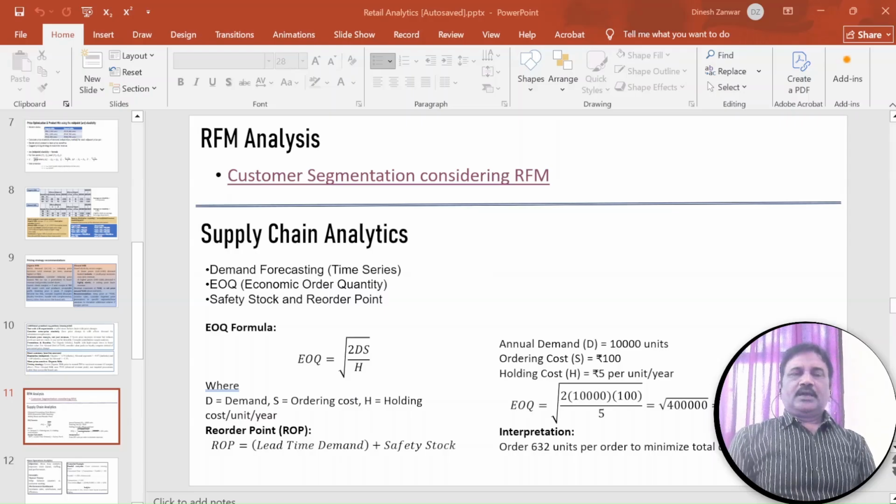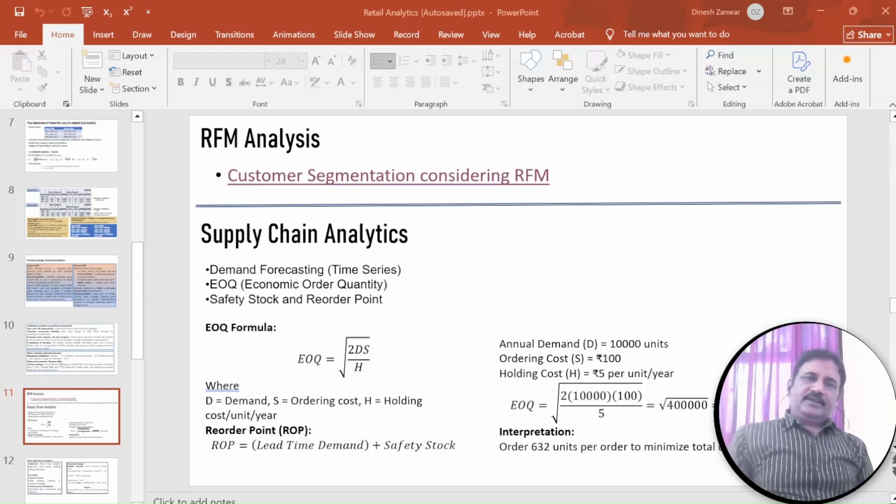Supply chain basically deals with how many units of a particular product are to be transported from which particular source to which particular destination at which particular time, so that the total cost of transportation over the period from all the sources to all the destinations comes out to be minimum. This is the important part of supply chain.